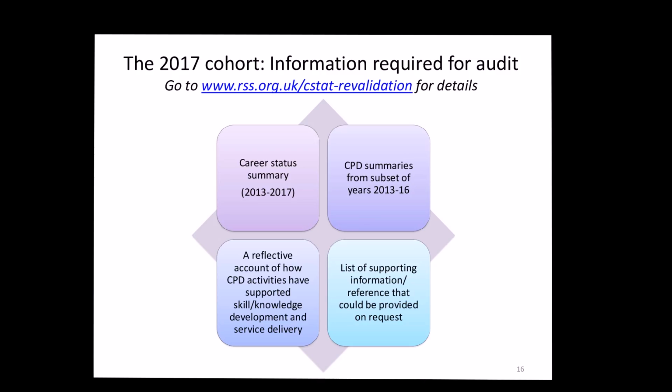Note that you have submitted the 2016 summary in the initial step of the process, and we may give some suggestions for improving the information provided in your summary in order to ensure that the audit assessors have all the information they need.